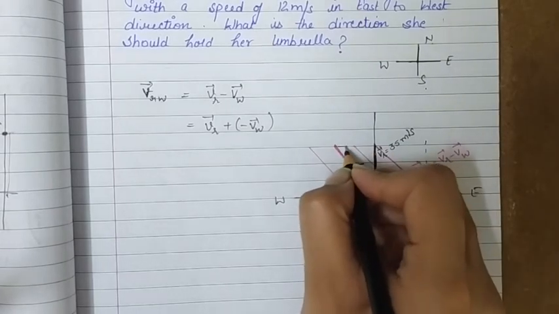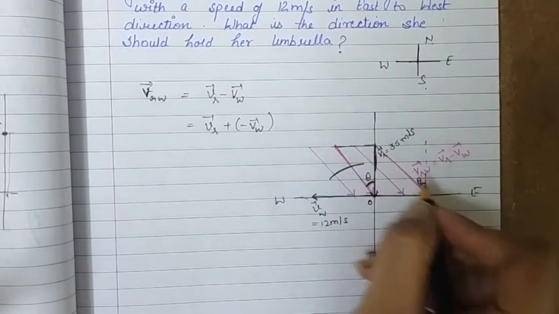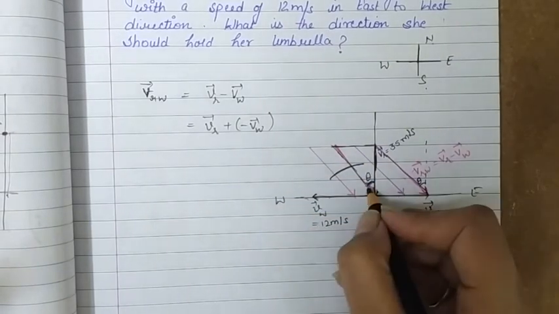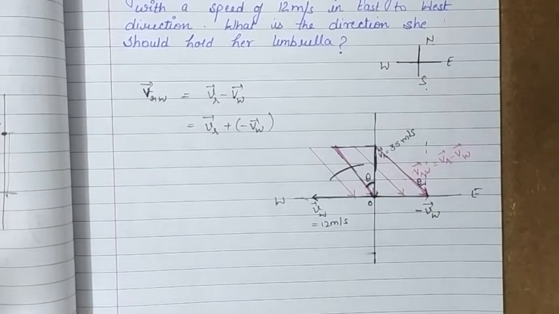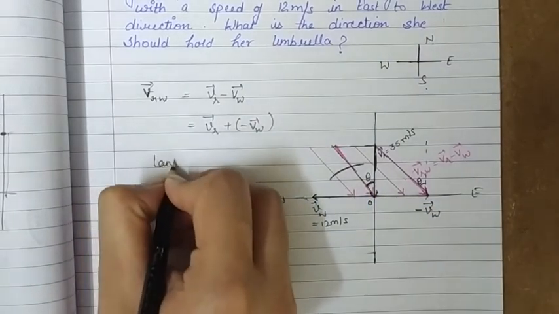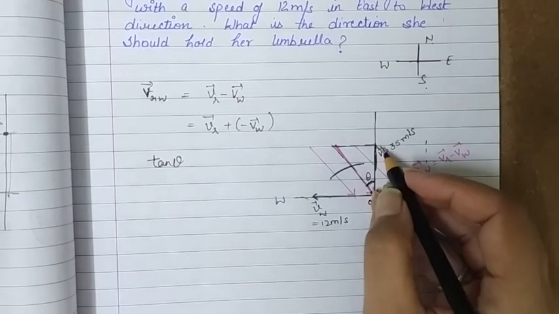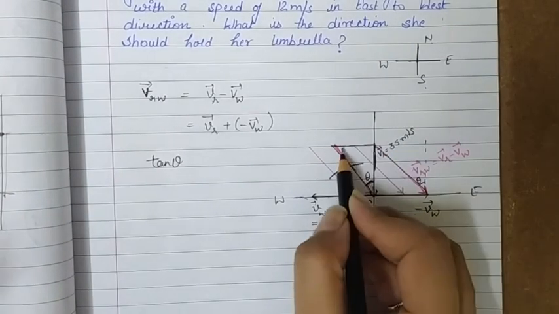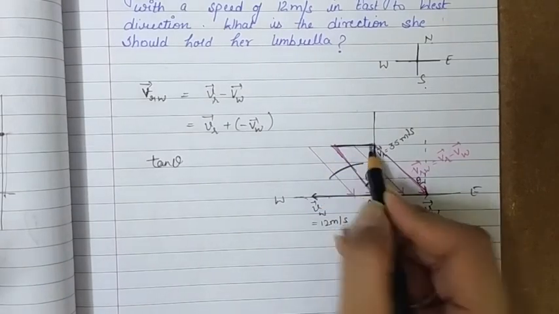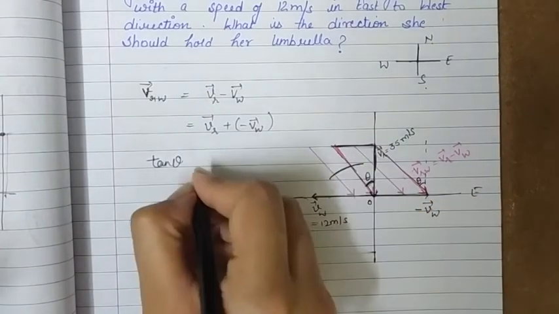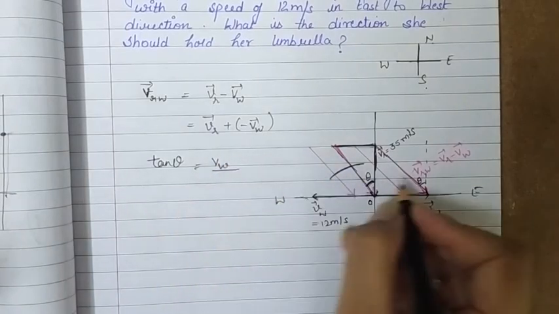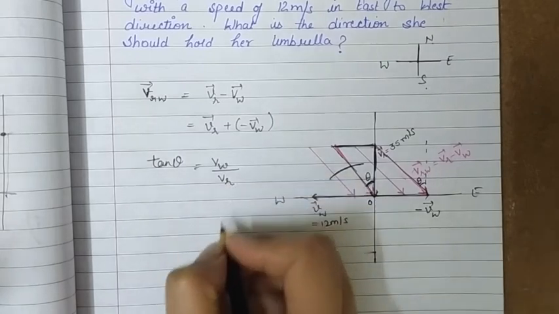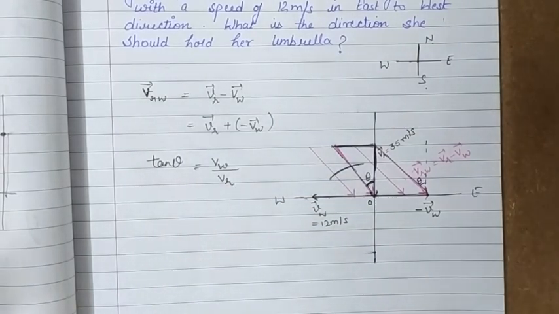For this, if I take this as a parallelogram, then this value theta can be given by the formula tan theta is equal to perpendicular upon base. So for tan theta, this is the perpendicular and this side is equal to this, means it is VW, and this is base, so VW upon VR is the answer that we are finding.